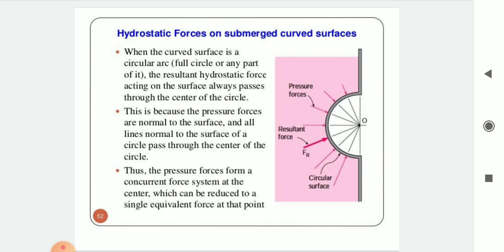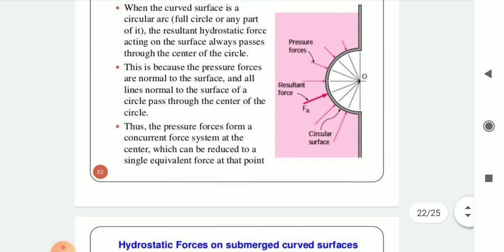This is because the pressure forces are normal to the surface, and all lines normal to the surface of a circle pass through the center of the circle. Thus, pressure forces form a concurrent force system at the center, which can be reduced to a single equivalent force at that point.